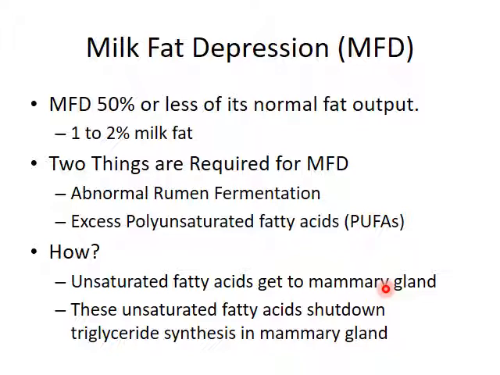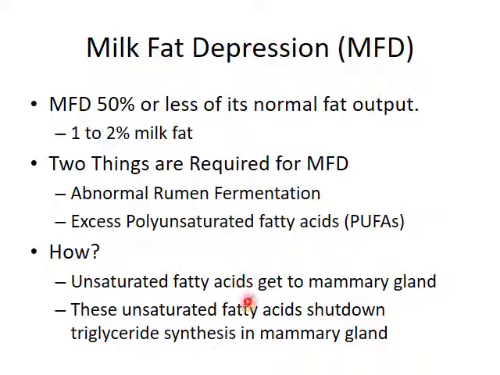So when the rumen is working right, very little unsaturated fatty acid leaves the rumen. This is a signal to the mammary gland: if there's a lot of unsaturated fatty acids at the mammary gland, something is wrong. The rumen is not working the way it should.